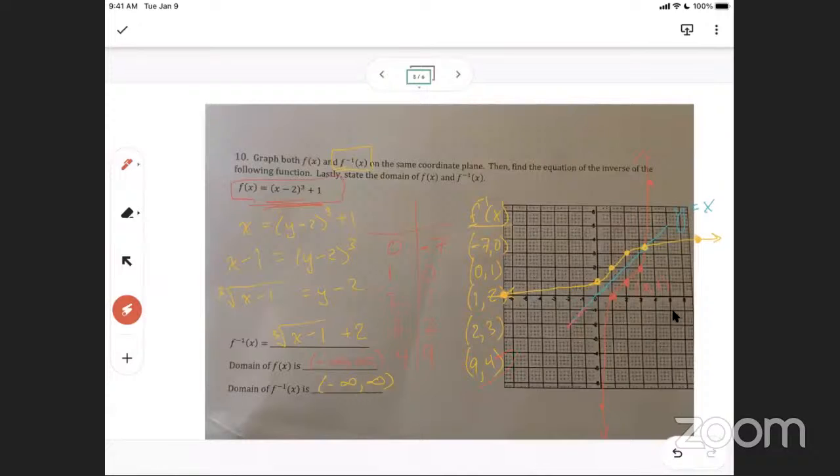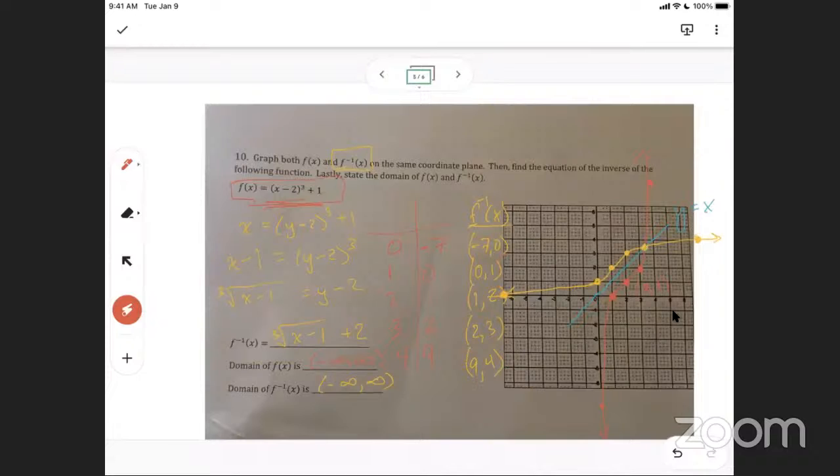You can draw the graph of one and then reflect it over the line y equals x. Or you can take your equation, interchange the x and the y, and then solve for your new y, and that gives you your inverse function. So those are the three main ways to do it as concisely as possible.